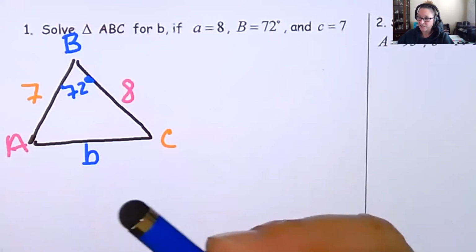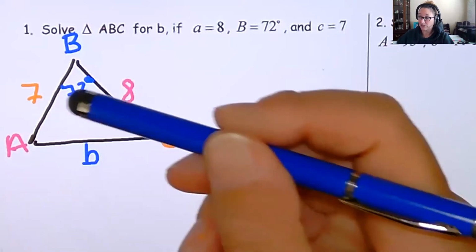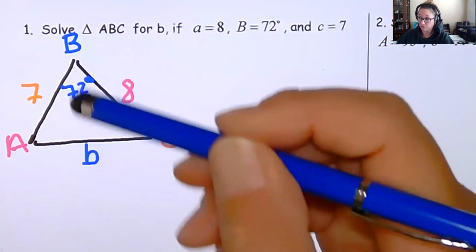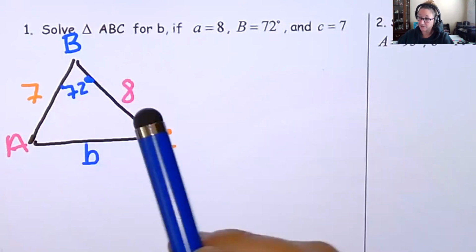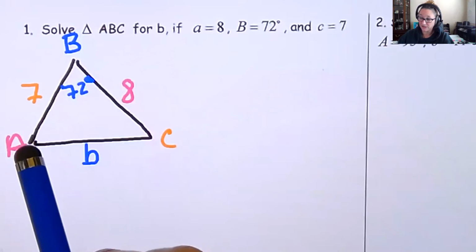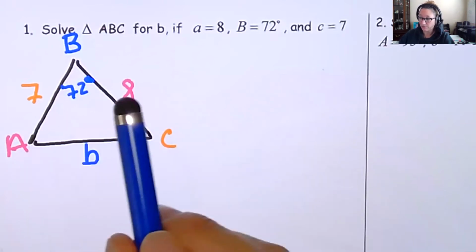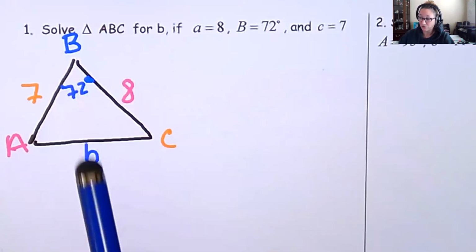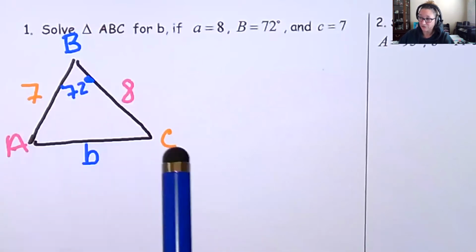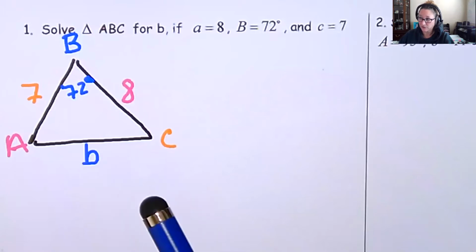And I need to know 3 bits of information. I would need to know, for example, these 2 pieces, and then if I knew the 8, I could find this angle. So in this case, I don't know any pair. I don't know a pair with my A's. I don't know a pair with my B's. And I don't know a pair with my C's. So I'm going to use law of cosines.